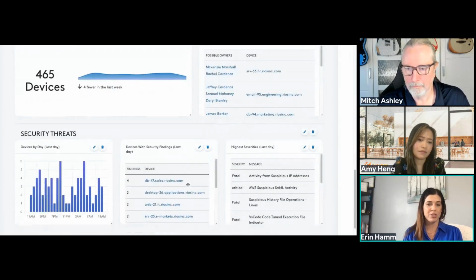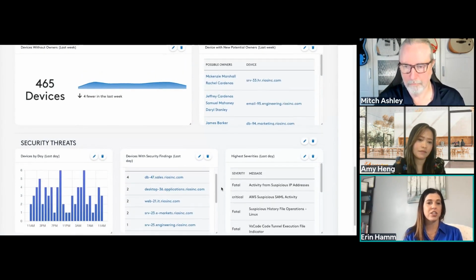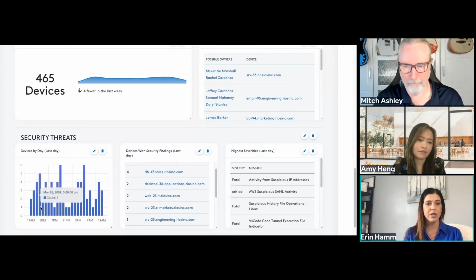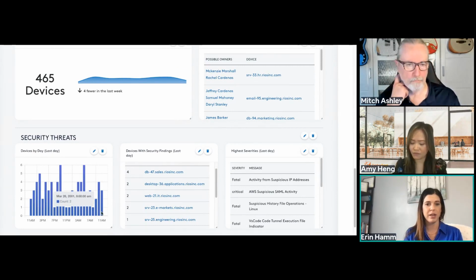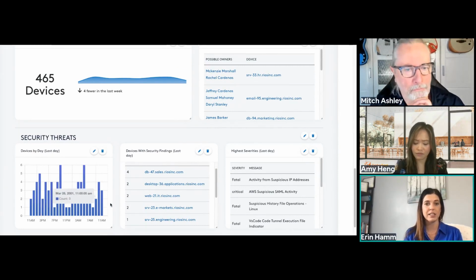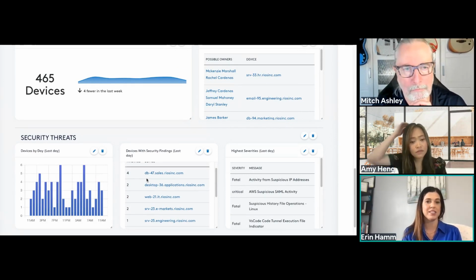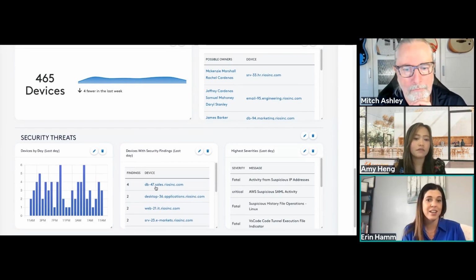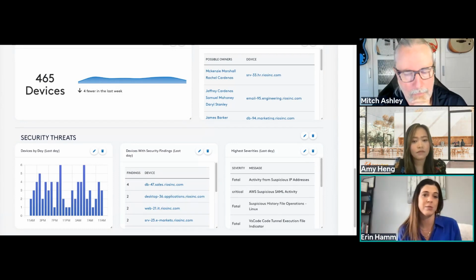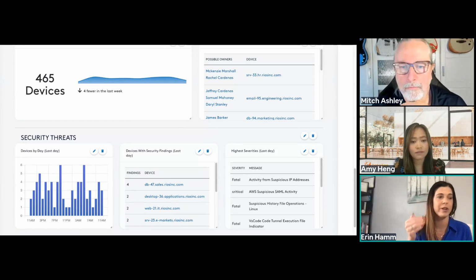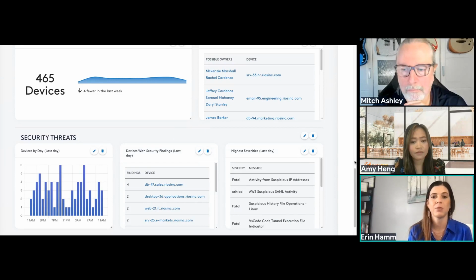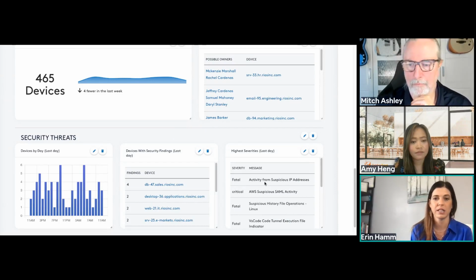And then the last component, which is really interesting from the security side, is our security threats. What I showcase here is just the devices by day. How many devices have been seen? How many of those devices have security findings? So I can see, okay, this DB47 sales has 4 security findings within the last day. That's probably the first one that I want to take action on. And then I can see which ones are the highest severities within the last few days.